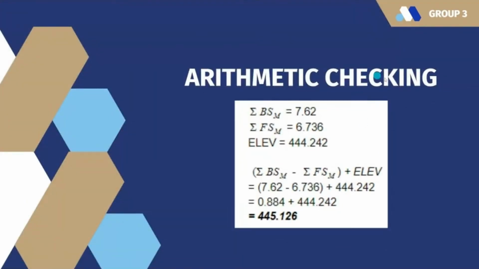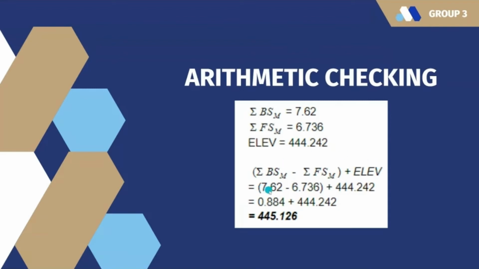In order for us to check if the computations are accurate, we do the arithmetic checking. So we have here the summation of the mean readings of the backside, which is 7.62, the summation of the mean readings of the far side, which is 6.736, and the given elevation of the field note, which is 444.242. So using this formula, we have the summation of the mean readings of the backside minus the summation of the mean readings of the far side, and the result, we're going to add to the given elevation.